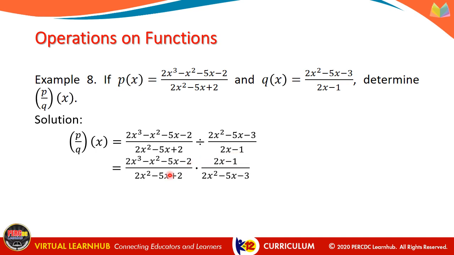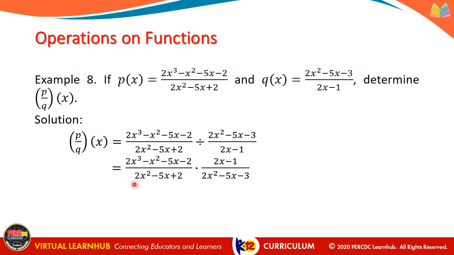This can be written as 2x cubed minus x squared minus 5x minus 2 over 2x squared minus 5x plus 2 times 2x minus 1 over 2x squared minus 5x minus 3. This is the reciprocal of our divisor.